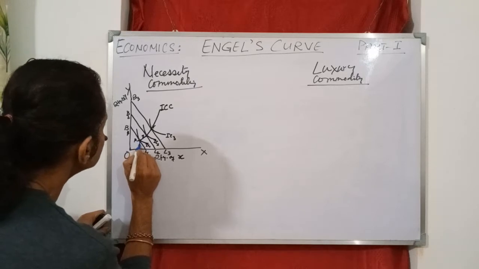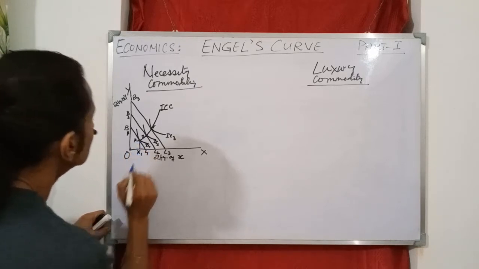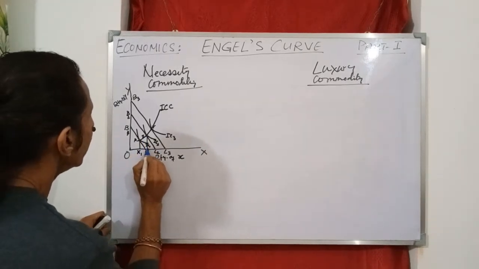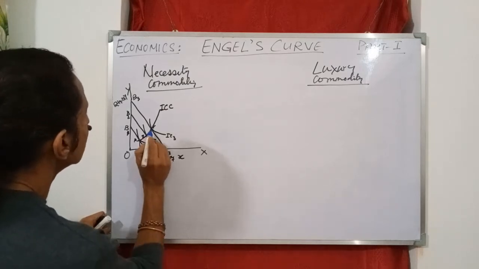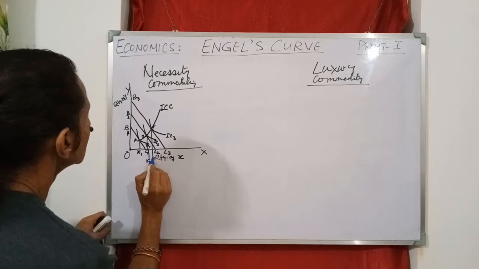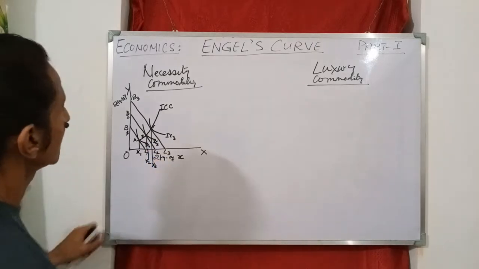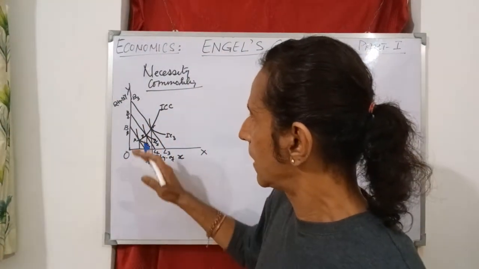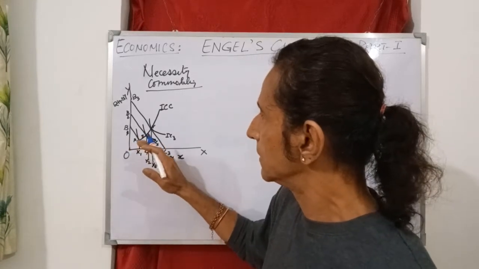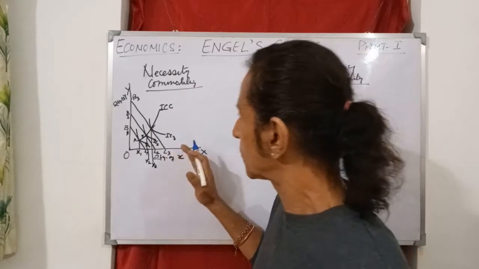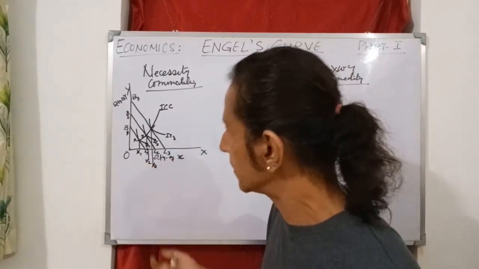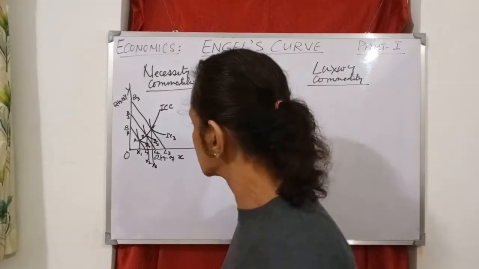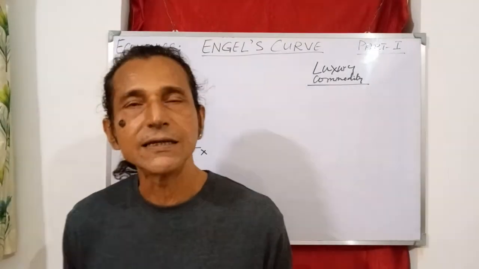At point P, he was consuming say OX1 units of X. At point Q, he is consuming OX2 units of X. And at point R, he is consuming OX3 units of X. So you can see that as the income of the consumer increases by the same amount, the proportion of income spent on X goes on falling, because the gaps X1, X2 and X2, X3 become lesser and lesser as the income of the consumer increases.